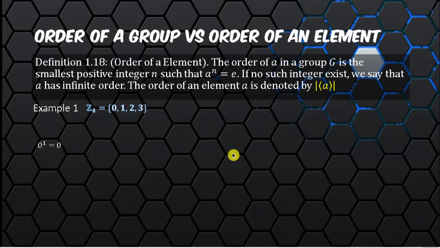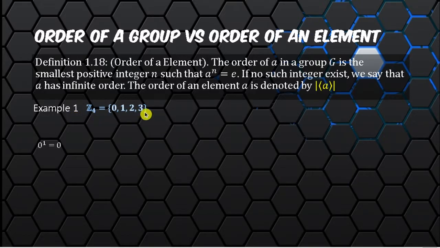Iba din ang ibig sabihin ng order of an element. The order of A in a group G is the smallest positive integer n such that A raised to n is equal to E. If no such integer exists, we say that A has an infinite order. The order of an element A is denoted by, so remember yung subgroup natin ganyan lang. Pero kung ang tinutukoy mo ay yung order ng particular na element na yan, lagyan din natin ng absolute value function.